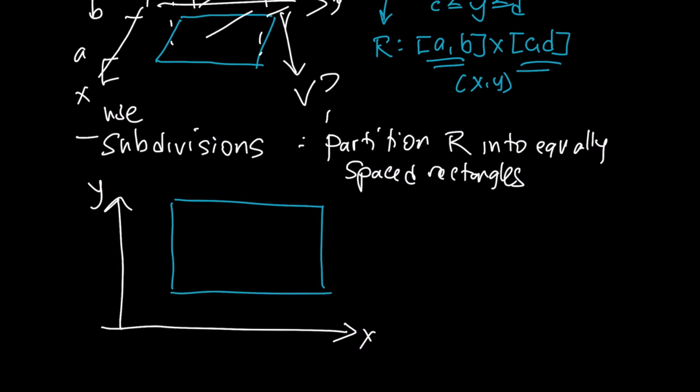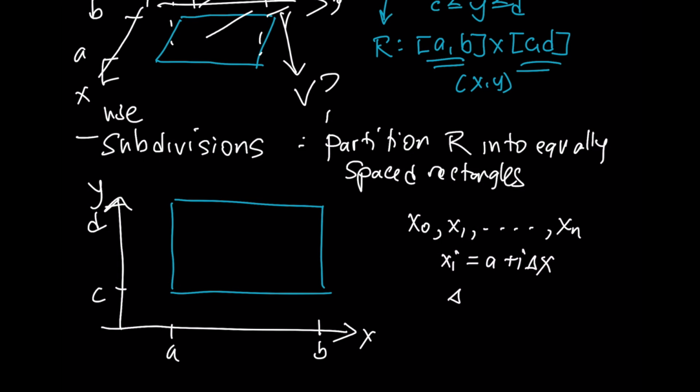Its limits here will be from a to b, and then from c to d. And we're going to partition everything as before. So we'll have an x0, x1, all the way down to xn. xi will just be a plus i delta x. Delta x will just be (b minus a) over n.